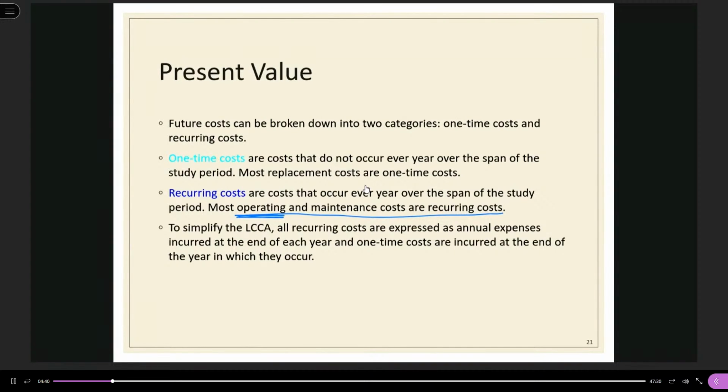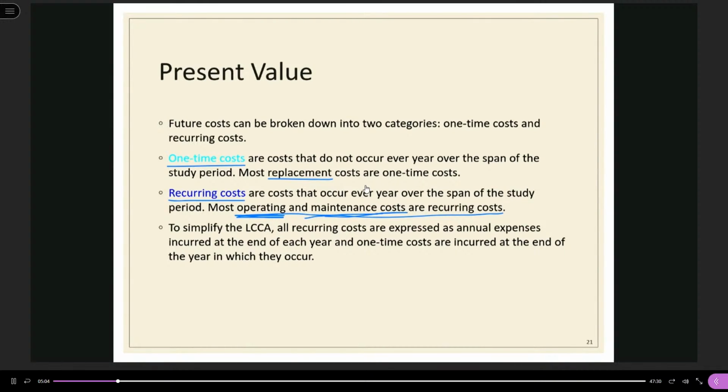But for replacement, maybe some equipment replacement or some component replacement, you just need to pay maybe every 5 years, not every year. If it occurs only several times over the study period, then it is a one-time cost.